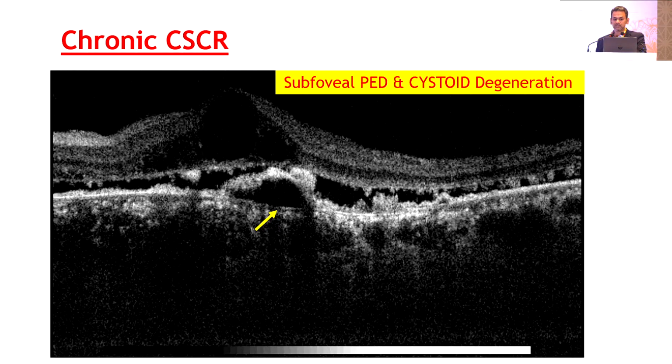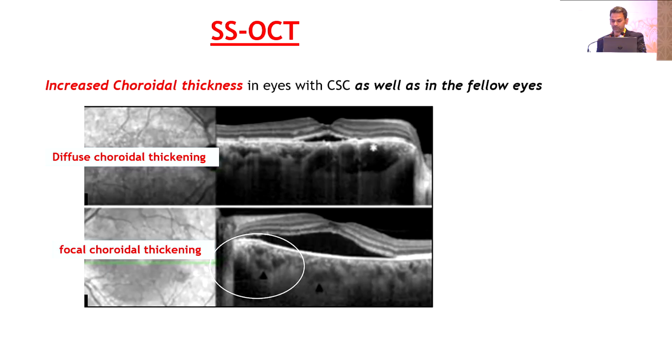On OCT you see intraretinal fluid, photoreceptor outer segment elongation associated with PEDs, and later on foveal thinning and atrophy.